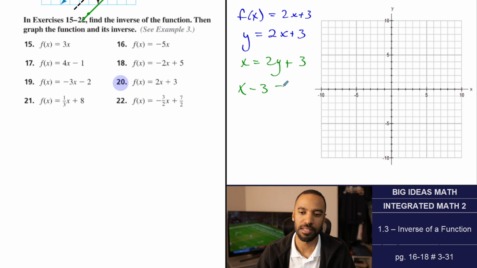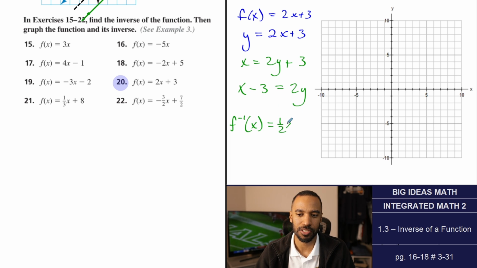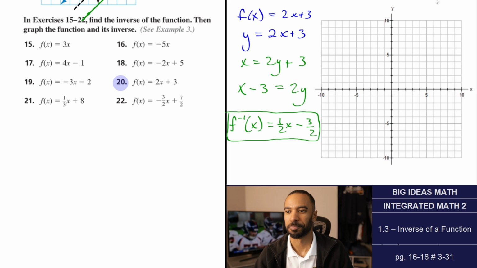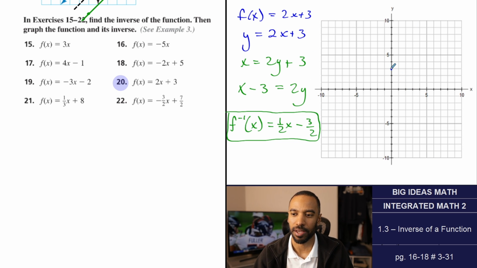Subtract 3 from both sides and divide both sides by 2. Let's see if we can write this in one step now. Turning into this already. x over 2 is 1/2 x. Negative 3 over 2 is negative 3/2. Does that feel okay? I hope so. Still fractions. I'm less concerned because I'm going to be graphing this anyway. So positive 3 and up 2 over 1.